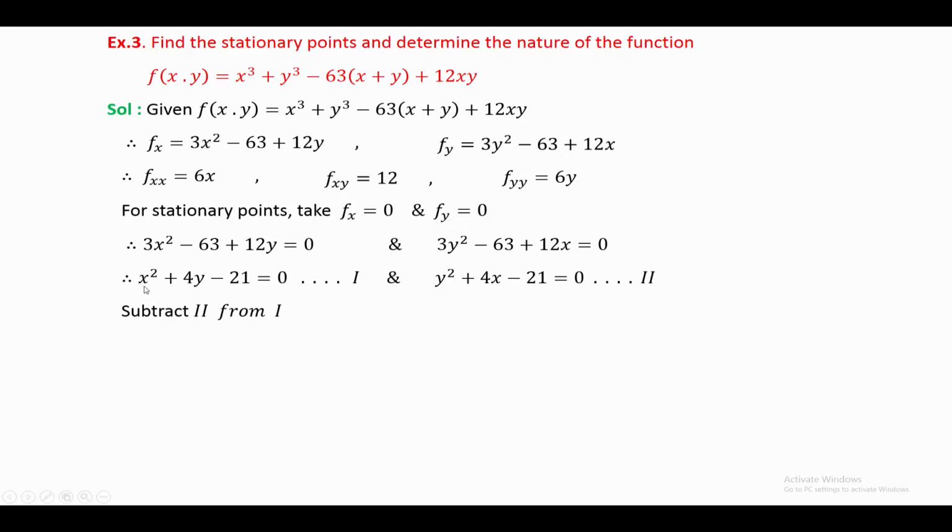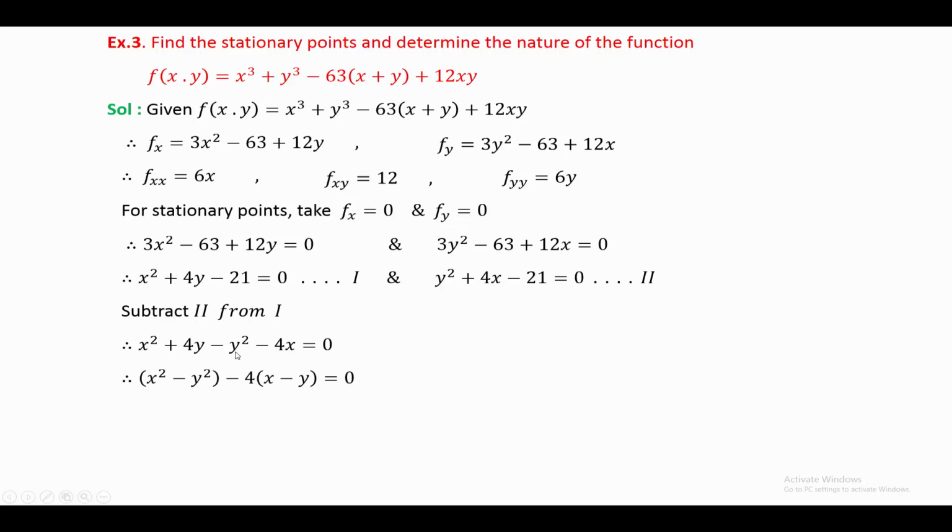So we get x² plus 4y minus 21 minus y² minus 4x plus 21 is equal to 0 minus 0. Therefore we get x² plus 4y minus y² minus 4x, minus 21 plus 21 cancel, and right hand side is 0.